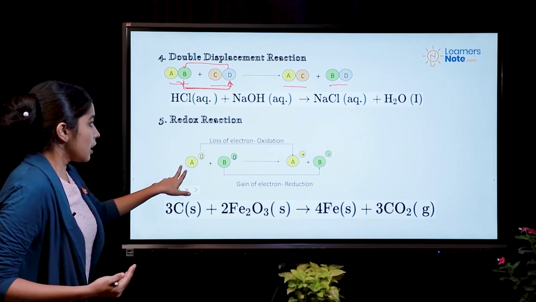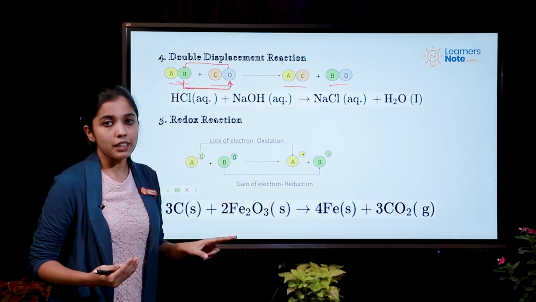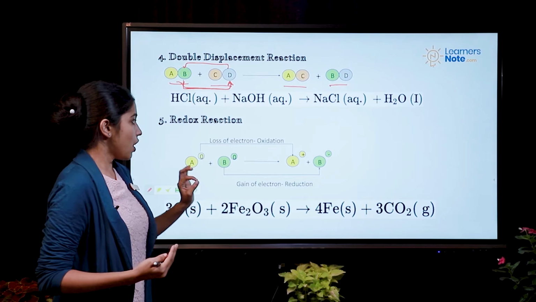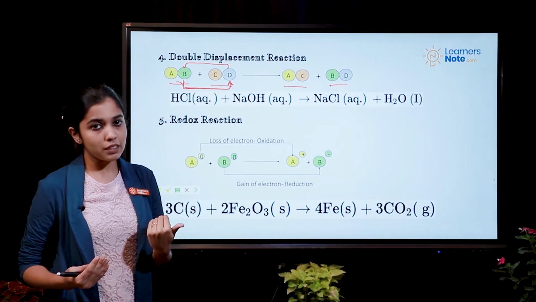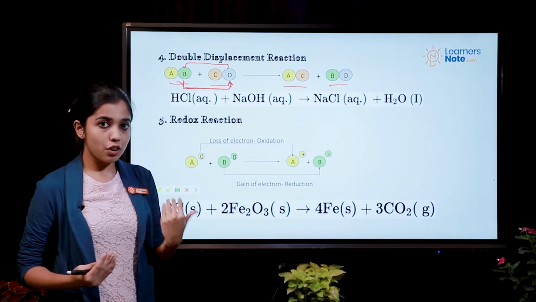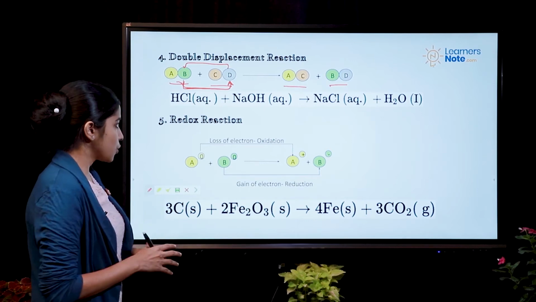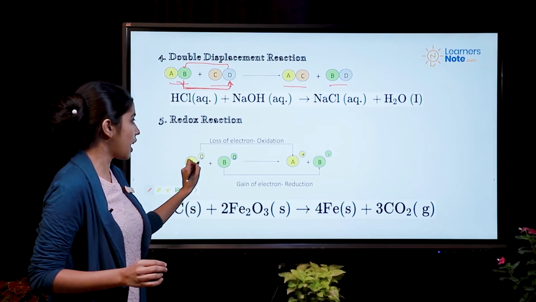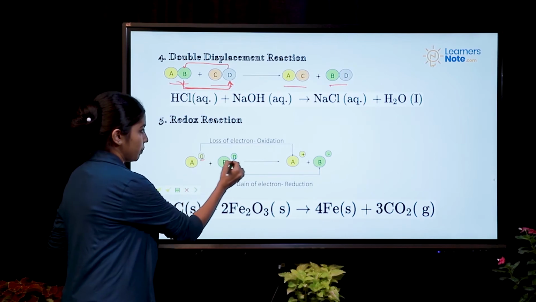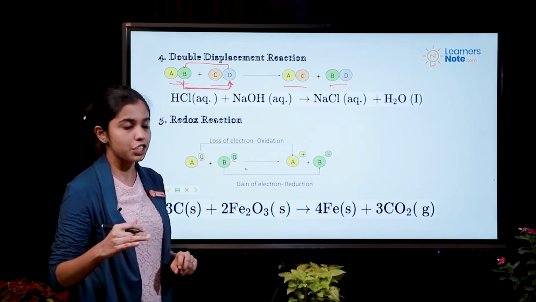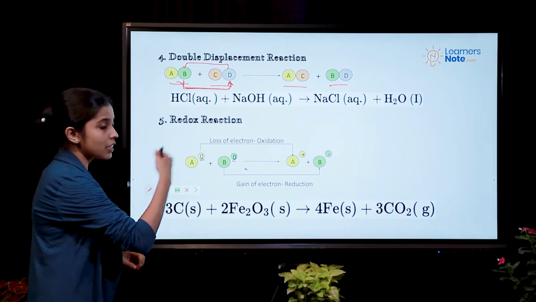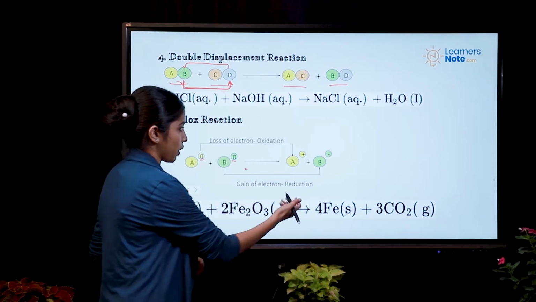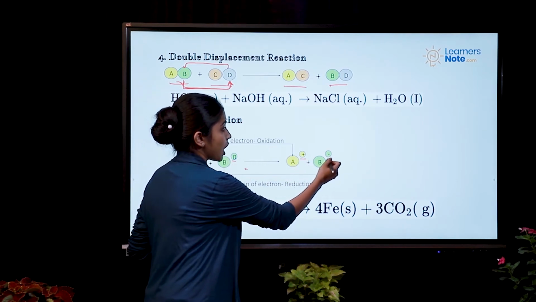Now, oxidation can be defined as a process in which oxygen is gained by the substance or electron is lost by the substance. If initially your reactants have an oxidation state of 0, they will not have any charge. But once the reaction proceeds and you get a product, you have a charge.